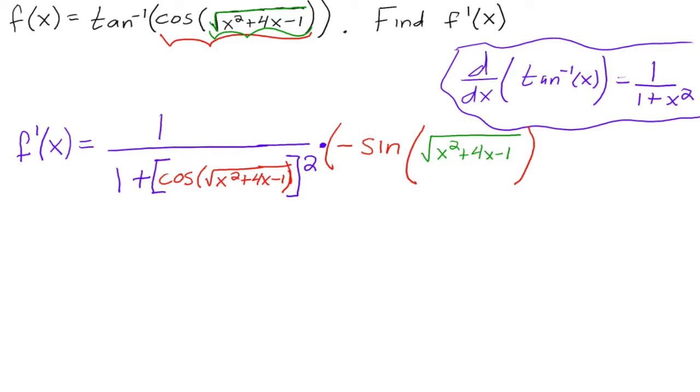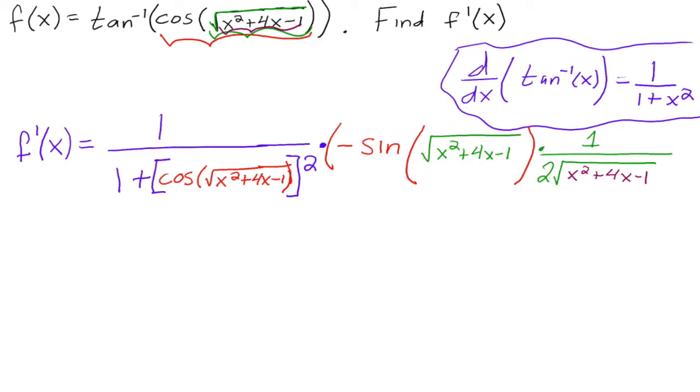And so we're going to multiply by the derivative of the square root. Remember, the derivative of the square root is 1 over 2 square root of, normally it's x, but this time there's something else inside. There's this guy, so we're almost done. Inside of the root, we leave that alone, x squared plus 4x minus 1.